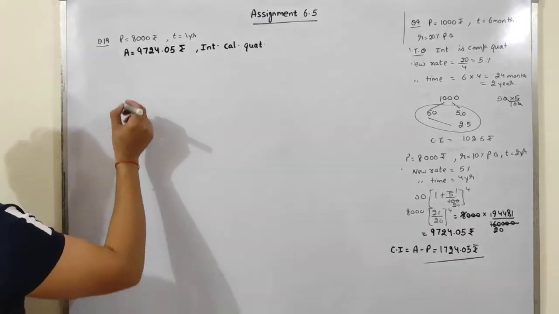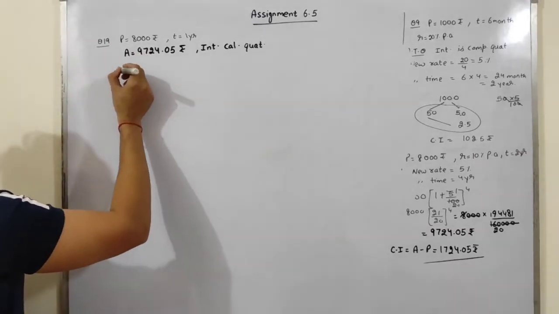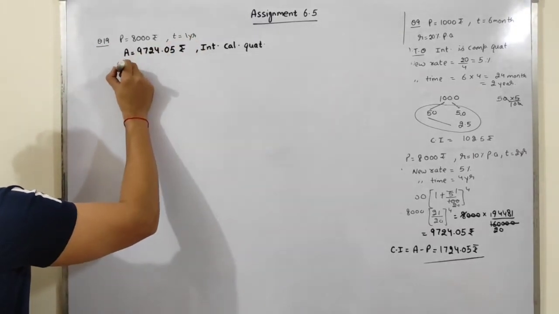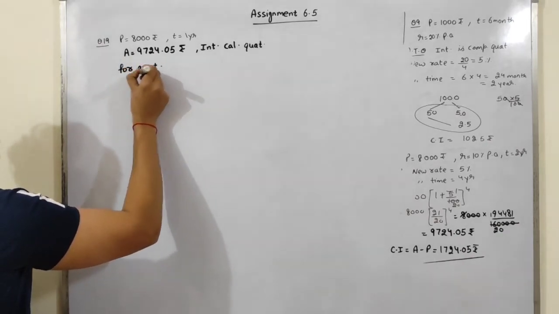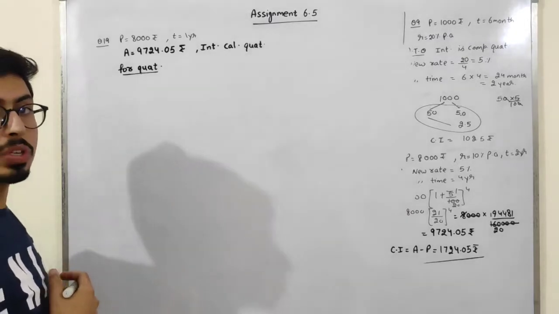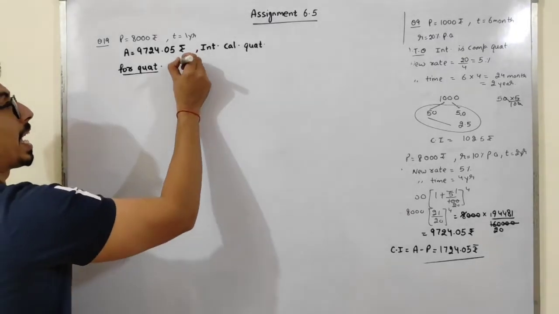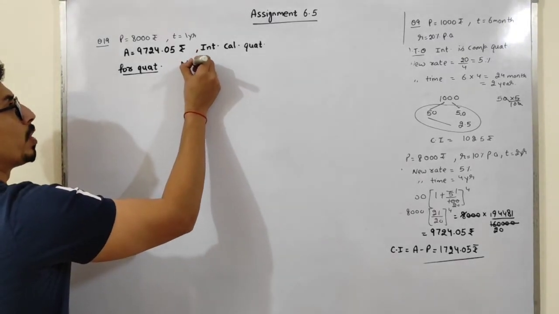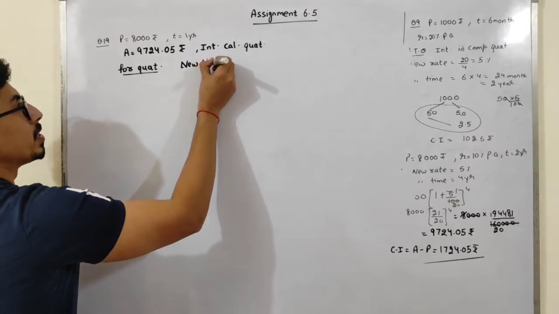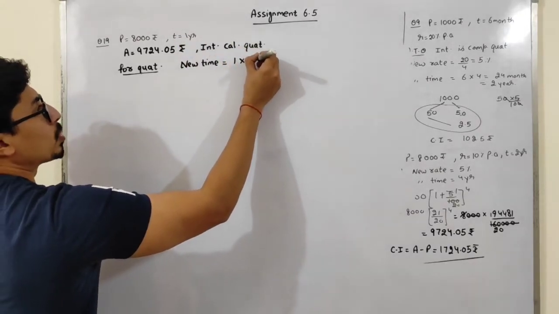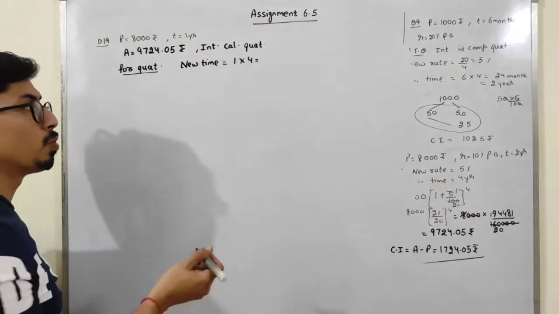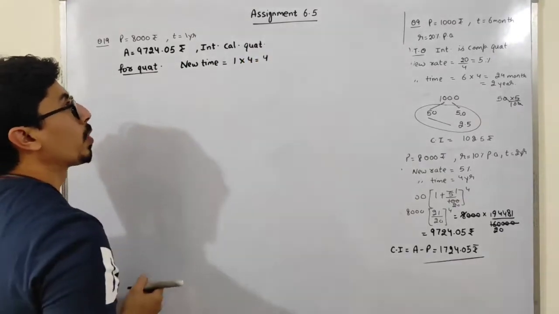So see, for quarterly, we know that students, for quarterly, the new time will be how much? Old time, that is 1, multiplied by 4, because for quarterly we multiply the time by 4, that means 4. Okay.